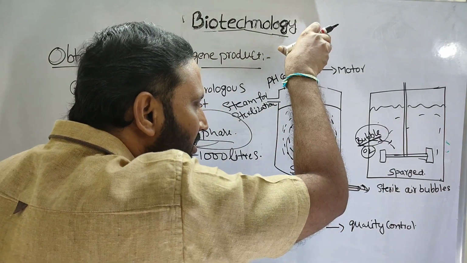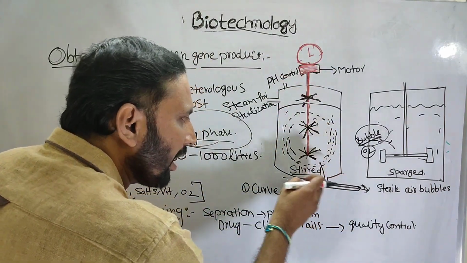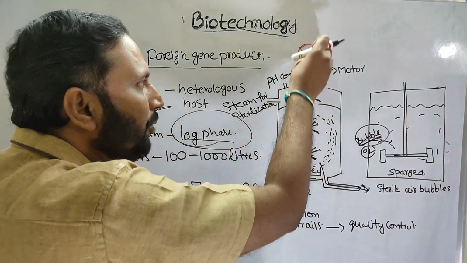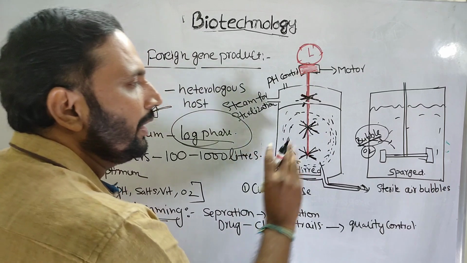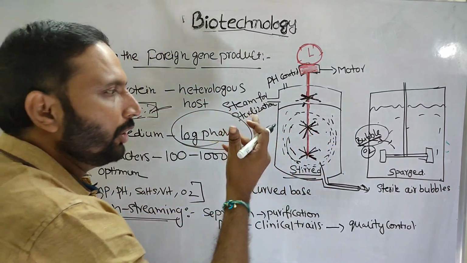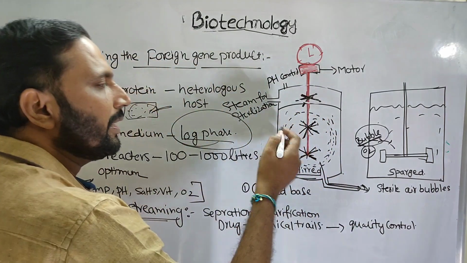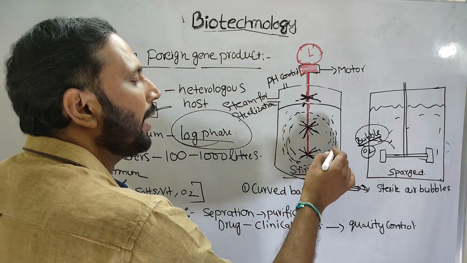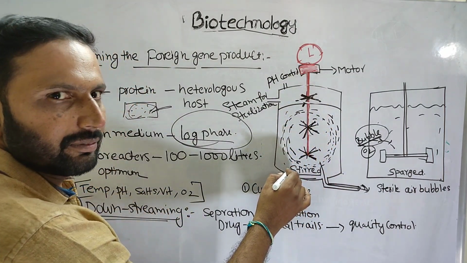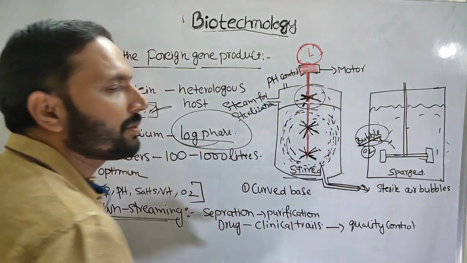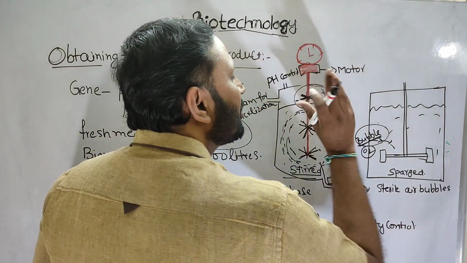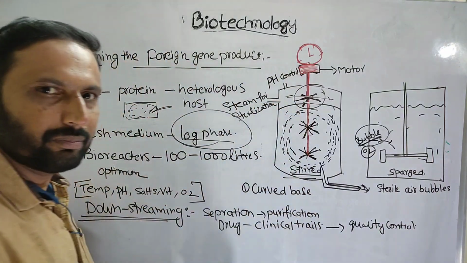Look at this stirred bioreactor: a curved base is present, and the center rod has blades. These blades rotate, so all the substances move around the bioreactor. When foam is formed, the upper surface blade also removes that foam.